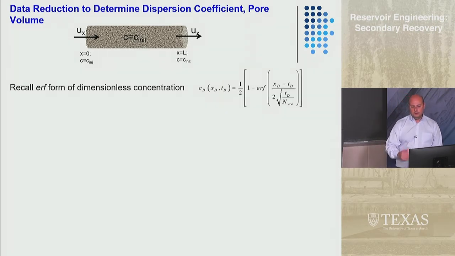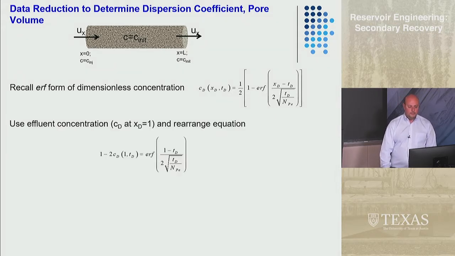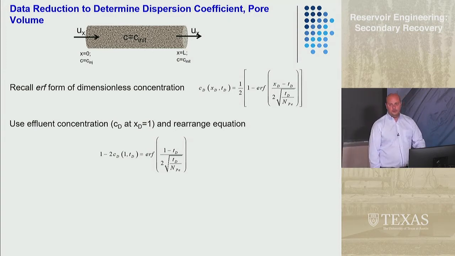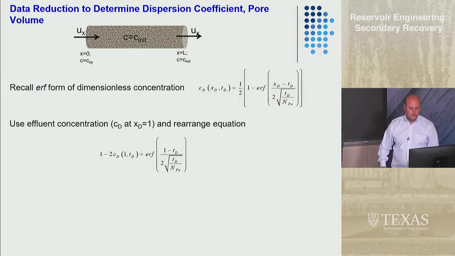Okay, so recall that this was the solution. I've written it in terms of the error function, not the complementary error function. And what I did last time is I just did some algebra. I multiplied both sides by 2 and moved some things around. I'm going to collect data at the effluent at x equal to L, or if it was a reservoir, the producer well.